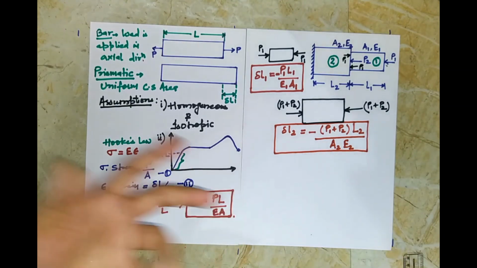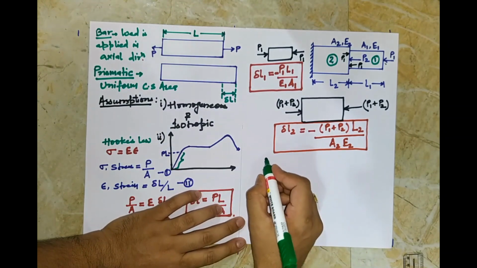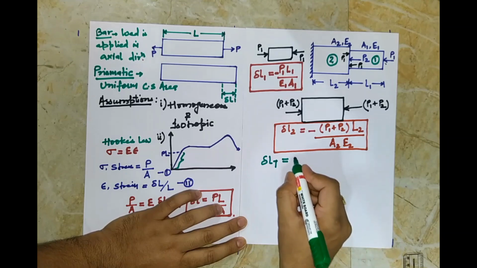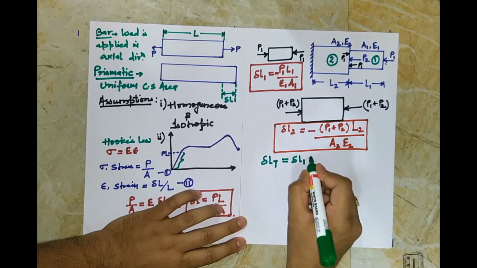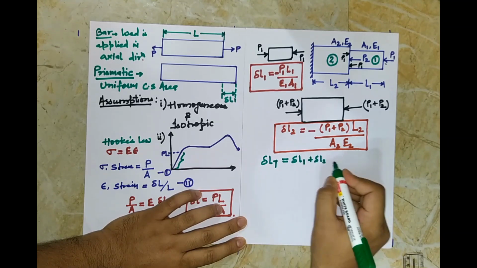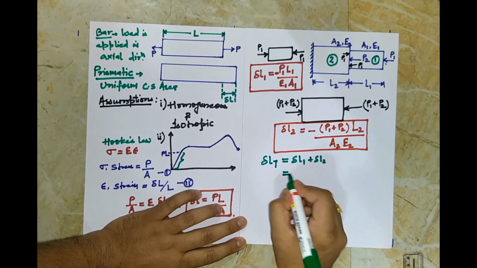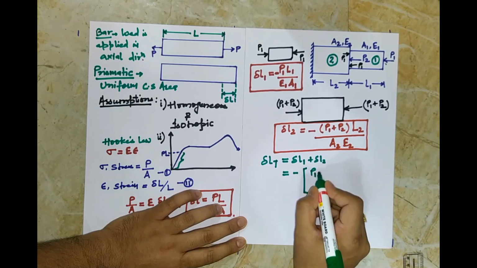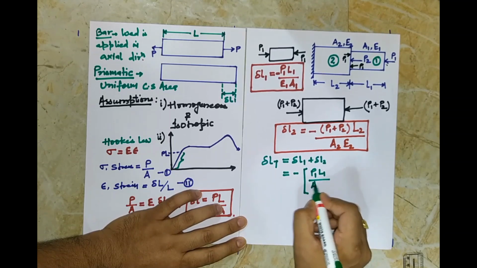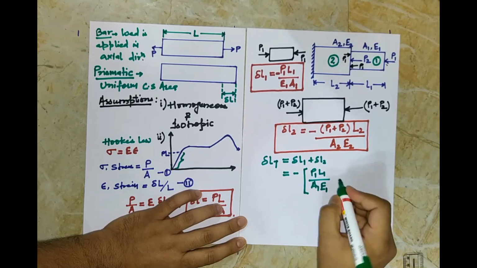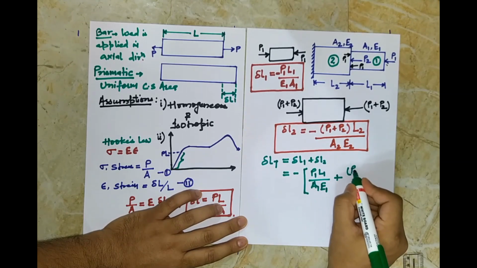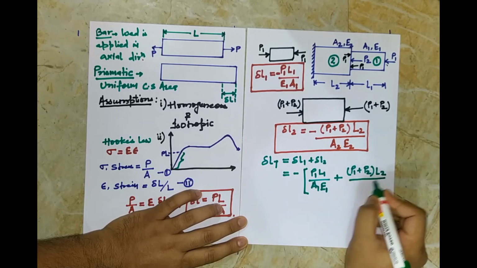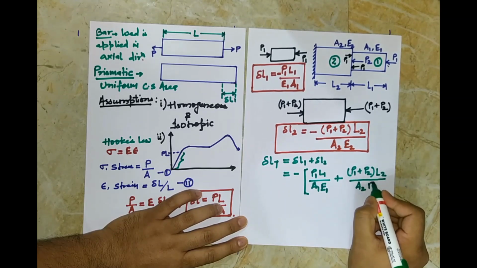So now what is the total change in length? The total change in length follows a linear addition relationship, which is equal to del L1 plus del L2, which is equal to, if we take the minus outside, P1 L1 by A1 E1 plus (P1 plus P2) L2 upon A2 E2.